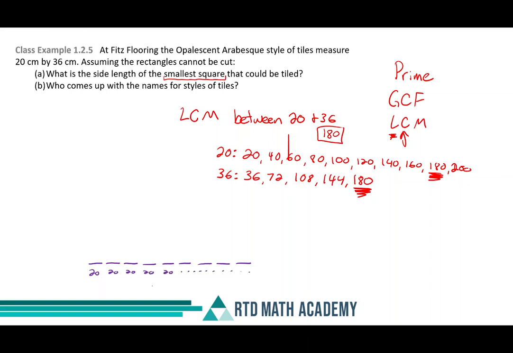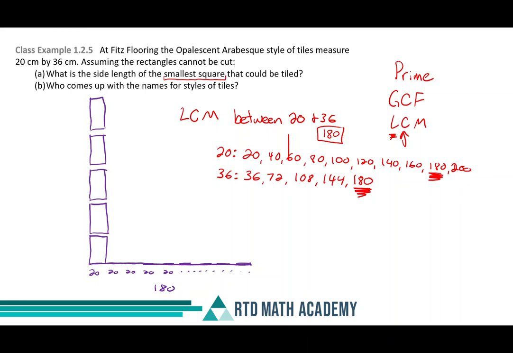I get 20 times 9 is 180. So this side length would equal 180. Then, of course, I'm going to fill those tiles in with 1, 2, 3, 4, 5 tiles going up this way. Now, we know that that's really one of these tiles, and I didn't draw the full thing in because you kind of got the idea when we were looking at this problem before.